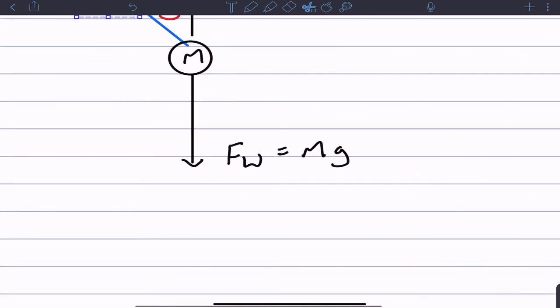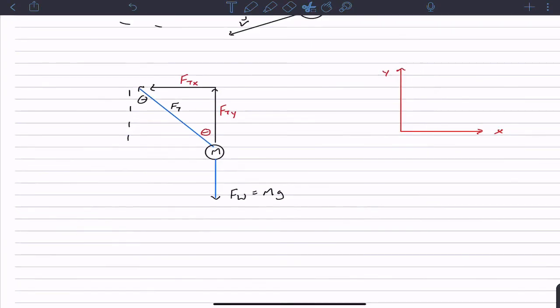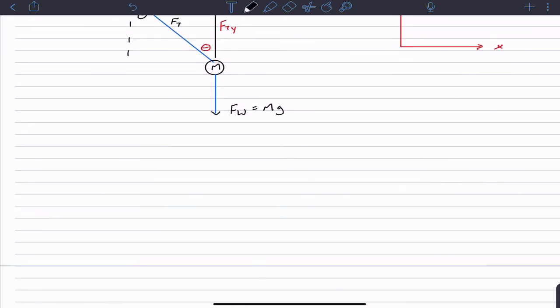Let's do blue. I like to do blue for our forces. Our components can be black or red or whatever, but the main thing here is we have this tension force and we have a weight force, and that's pretty much it. So let's find the y component.